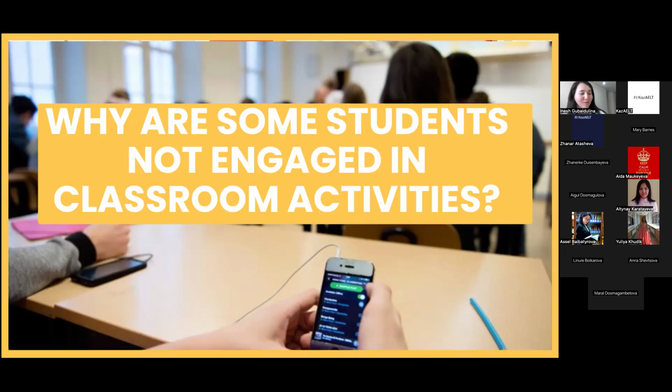Anyone else? I would say that it is the teacher's responsibility to plan all the activities in advance. That is called differentiation. When you plan the activities, you should take into account the level of the students and their interests. If you work with them for many years, you already know their interests and how they work.